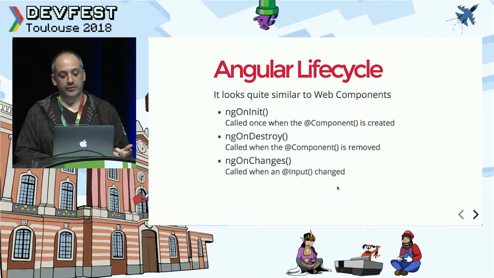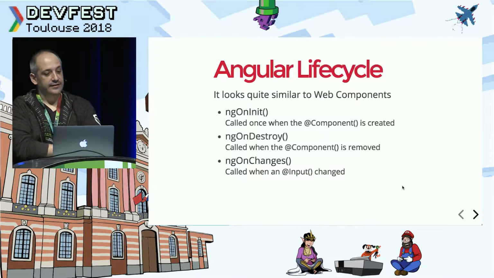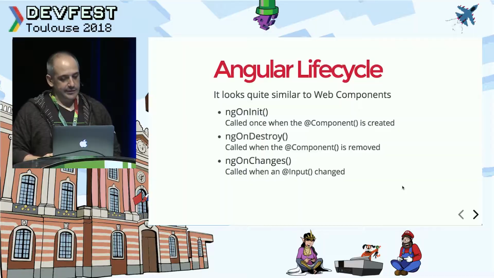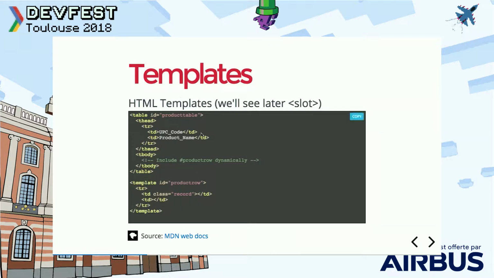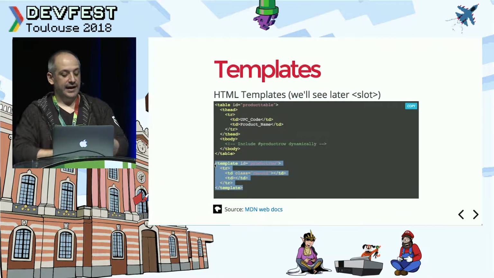This is very similar to the Angular life cycle, where we have ngOnInit and ngOnDestroy, ngOnChanges, and so on. And the templates are kind of similar. These are HTML templates, where you can have your template and then iterate inside the body, for example, and copy-paste this template inside the body.